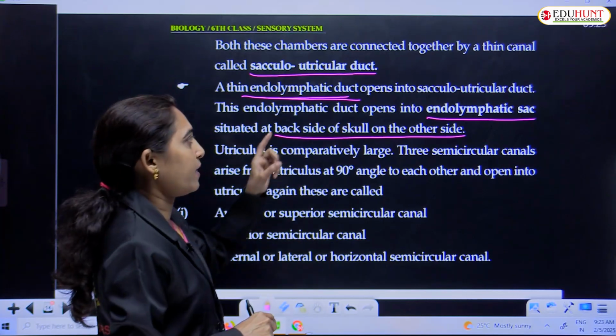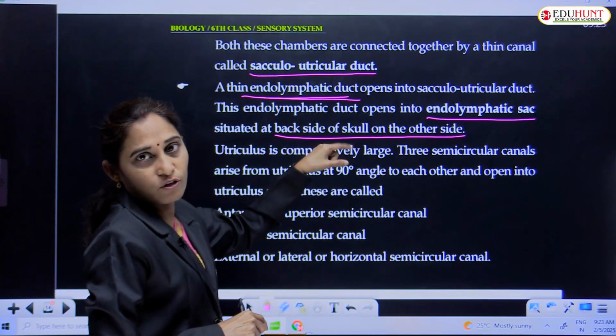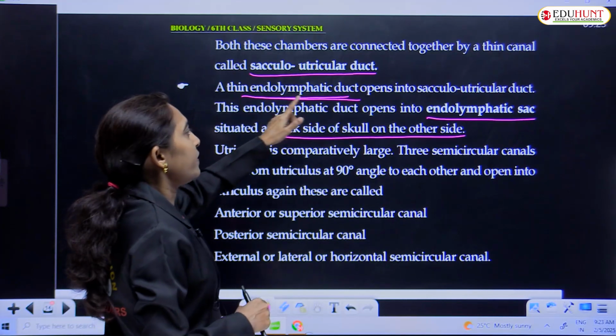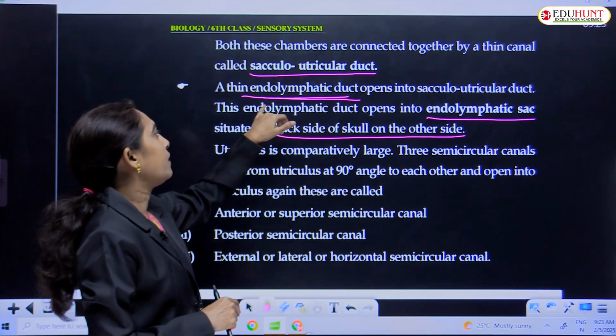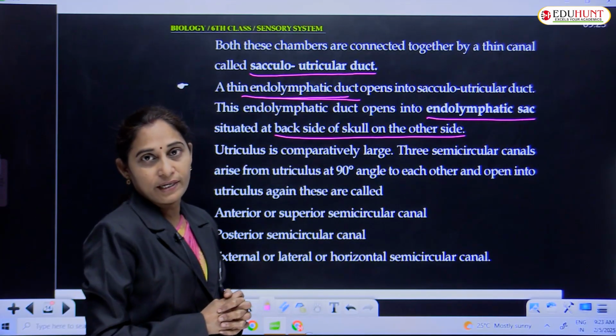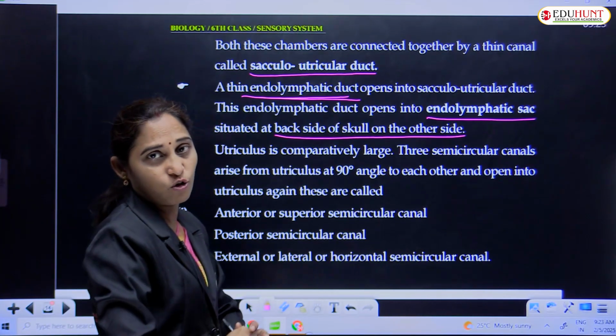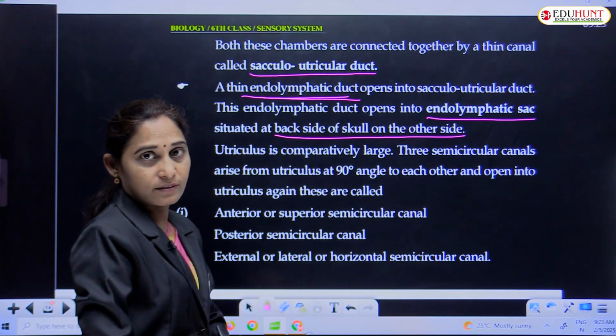These two are connected by a duct called sacculo-utricular duct, and in turn it has the endolymphatic duct opening. Endolymphatic duct opens into the sacculo-utricular duct.